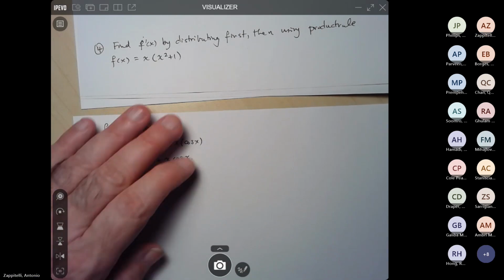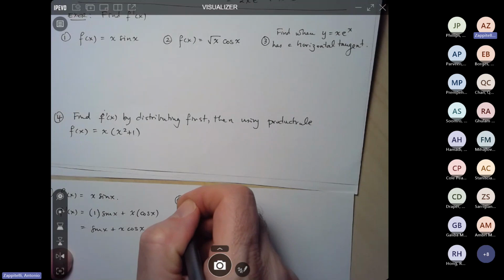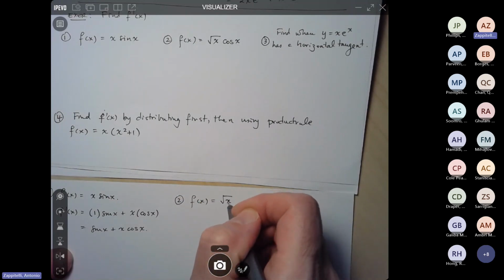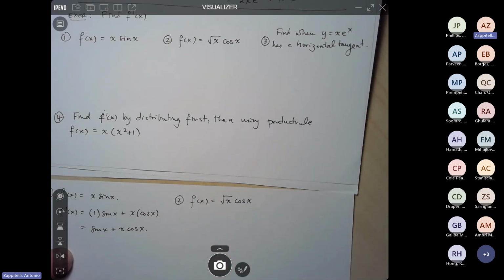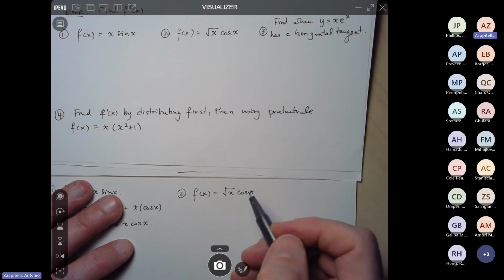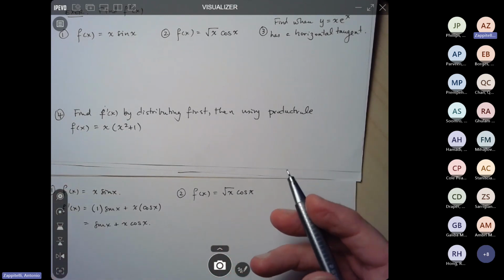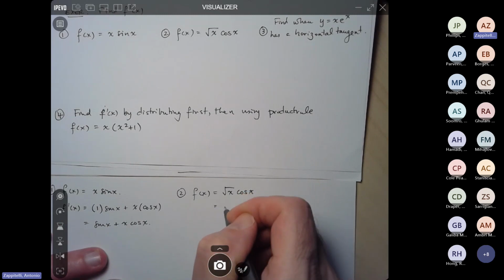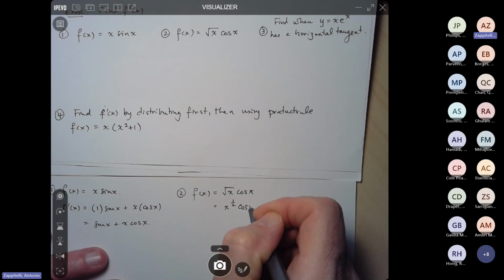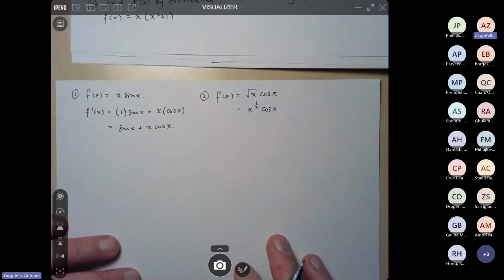Okay? So similarly here, let's look at number 2. So number 2, f at x was equal to root x times cos x. Now, you're going to get to the point where you won't need to do that, or maybe you already feel comfortable not doing this, but you might want to first rewrite this as x to the 1/2 times cos x. Okay, so that you're rewriting it as a power.